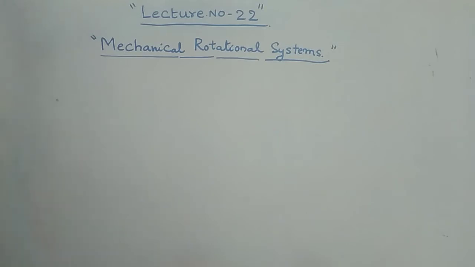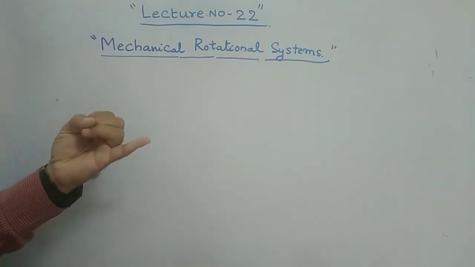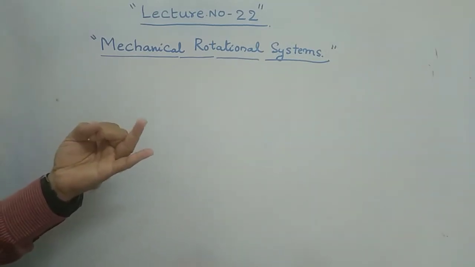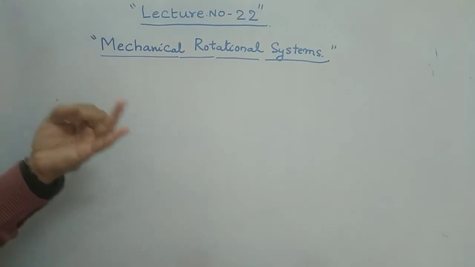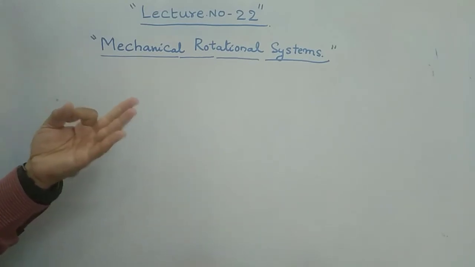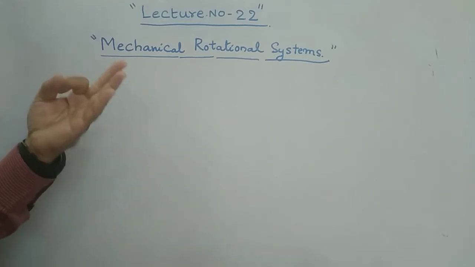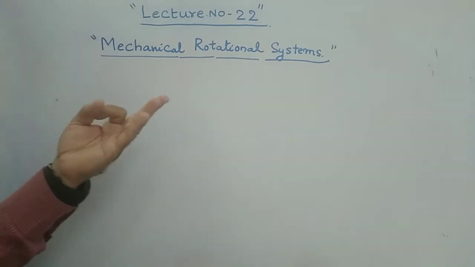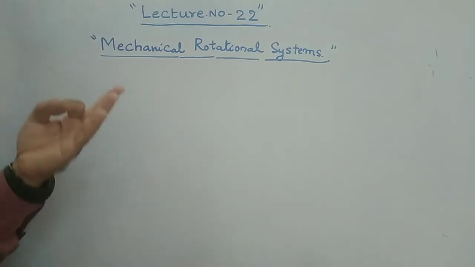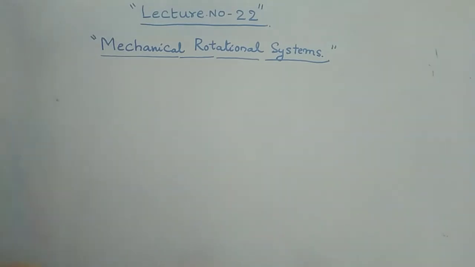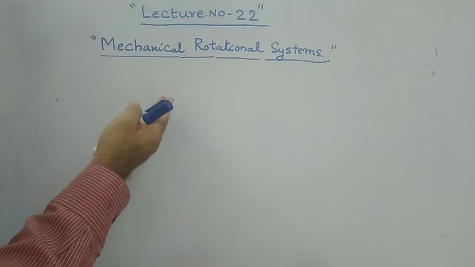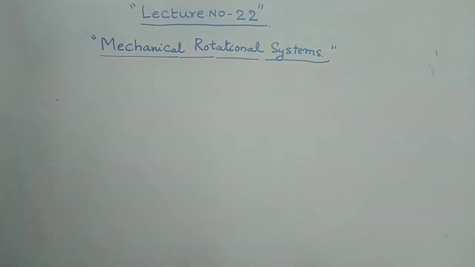The first element is the mass element m, then the spring constant k, and the dashpot, which is the viscous friction coefficient b, or sometimes denoted by the letter f. We have also solved some examples on the mechanical translational system. In the same fashion, today we will see the mechanical rotational system.